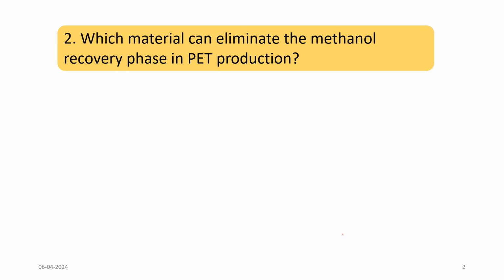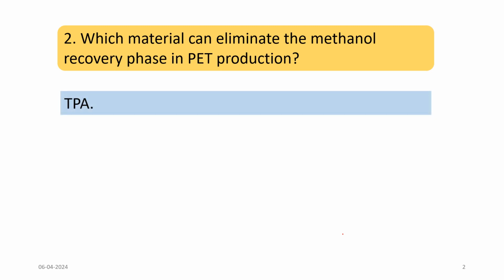Which material can be used for elimination of the methanol recovery phase? The answer is TPA, that is terephthalic acid.